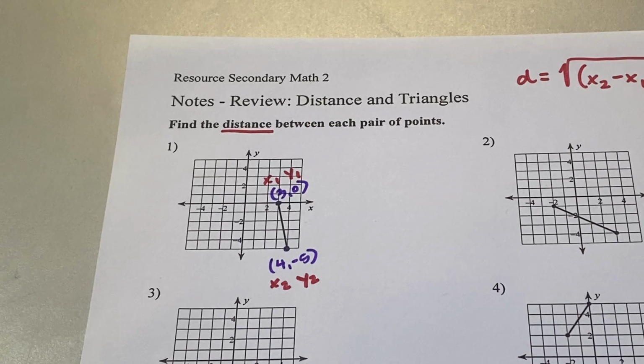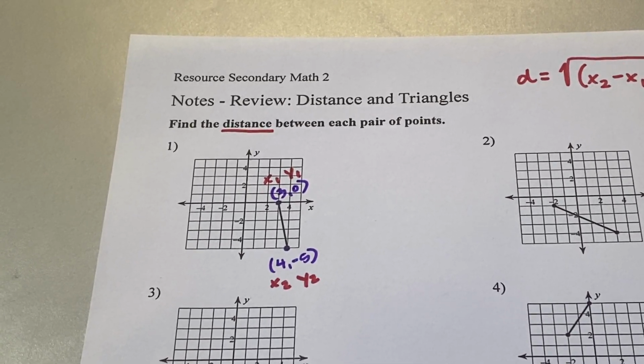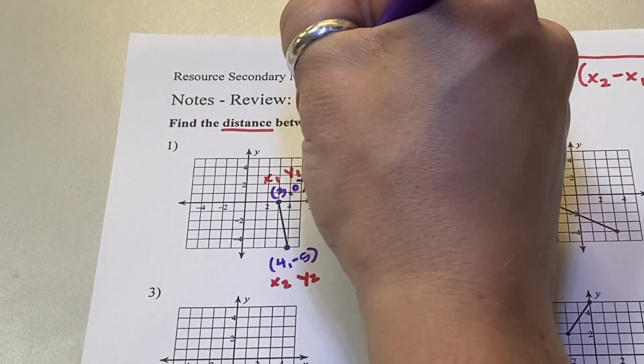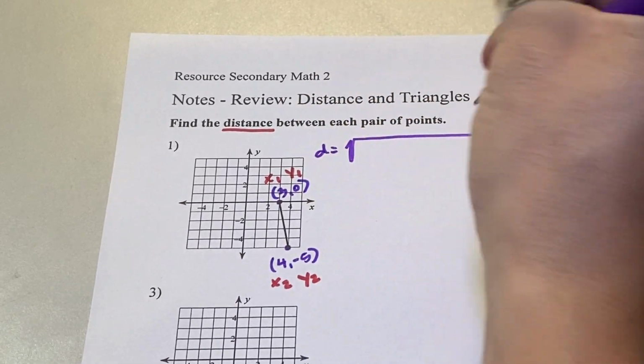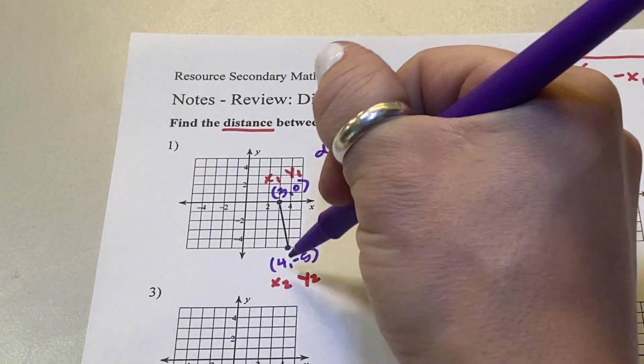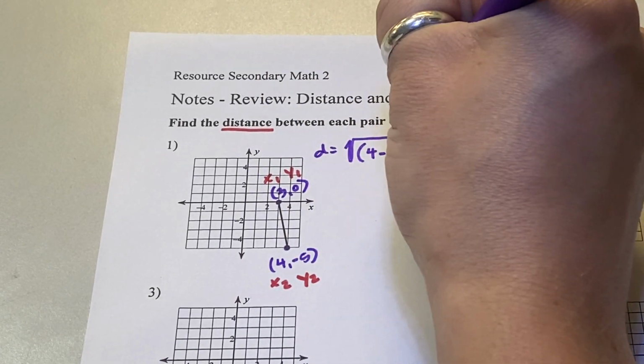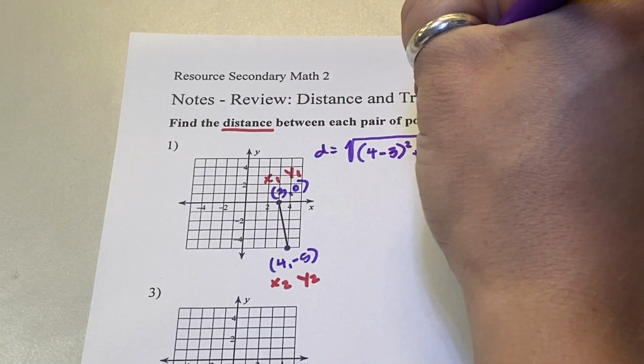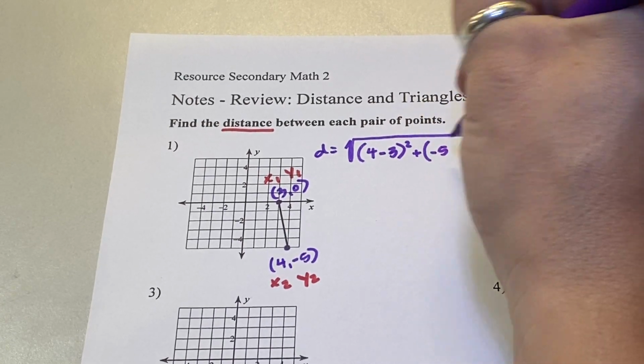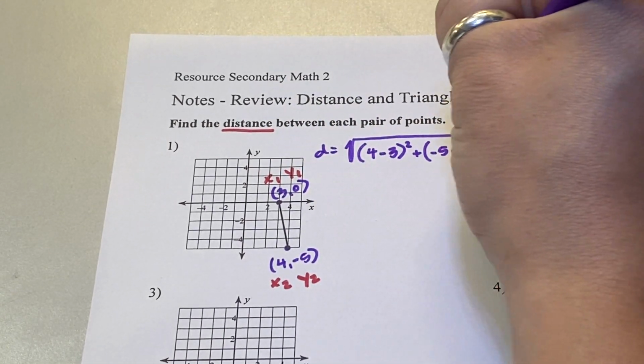Now I can plug this into our formula. The distance equals the square root of x2, which we chose as positive 4, minus x1, positive 3, squared, plus y2, negative 5, minus my y1, 0, squared.